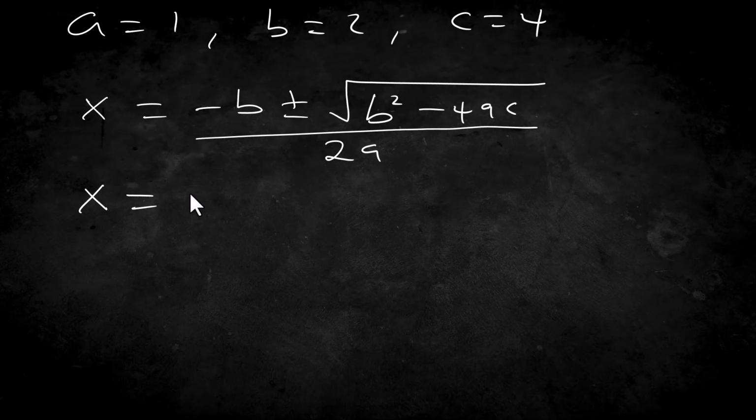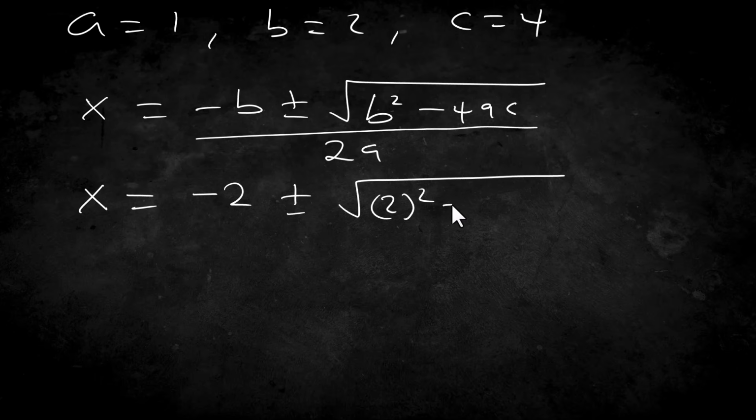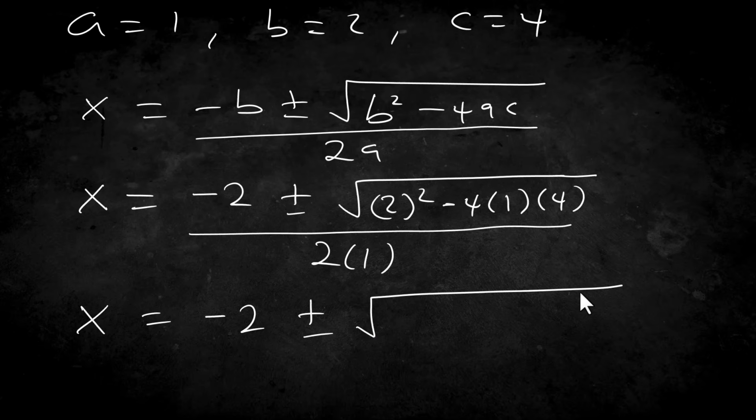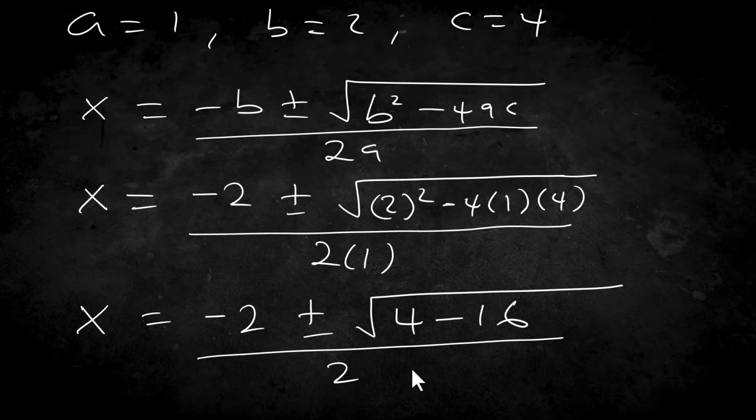So a is 1, b is 2, so we have minus 2 plus or minus the square root of 2 squared minus 4 times 1 times c, 4, on 2 times 1. So minus 2 plus or minus, this side is 4, this side is minus 16, on 2.